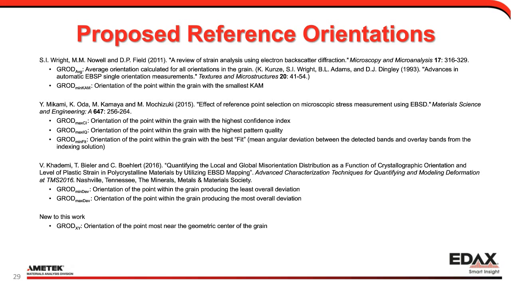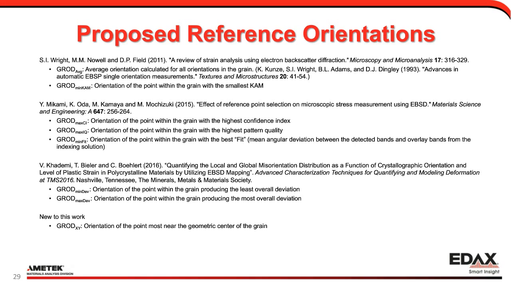But there is another one. We could use the orientation of the point in the grain with the smallest cam. The smallest cam would indicate a point maybe that hasn't gone through much plastic strain and may be closest to the original orientation. And that is something you can certainly do.